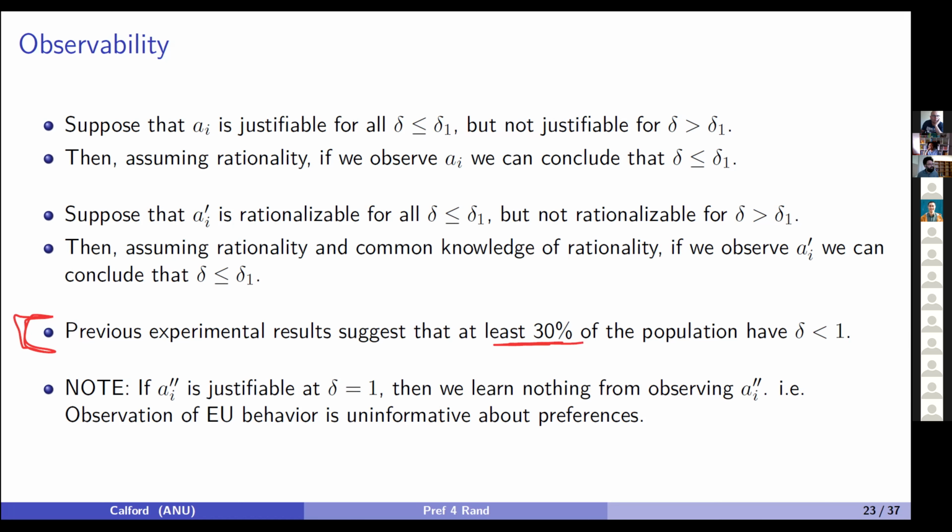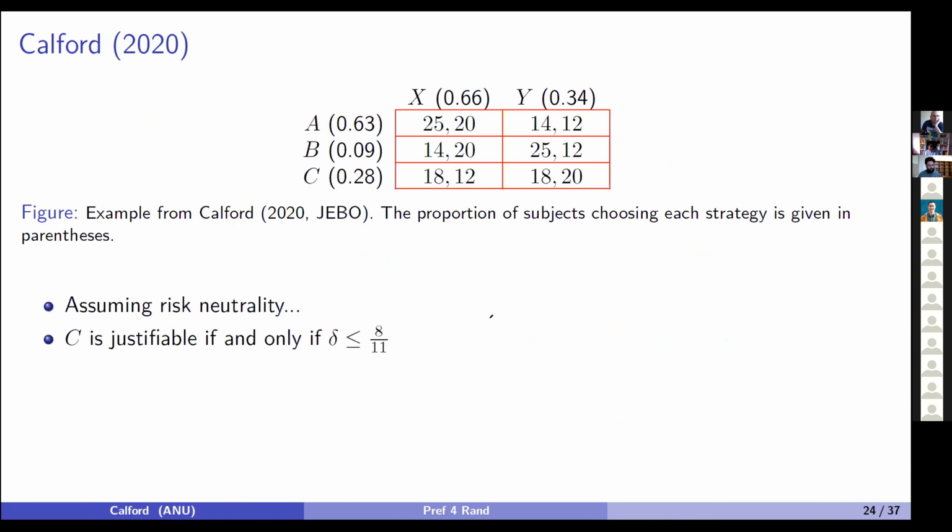If we think back to the battle of the sexes, if I believe you're going to play R with probability 1, I'm going to play R as my best response, and that doesn't tell me anything about your preference for randomization. Given that all we can observe is the realization of your mixed strategy, we can get a lower bound on the proportion of people who have a delta less than 1. And it's at least 30%, looking at a couple of the past experimental papers.